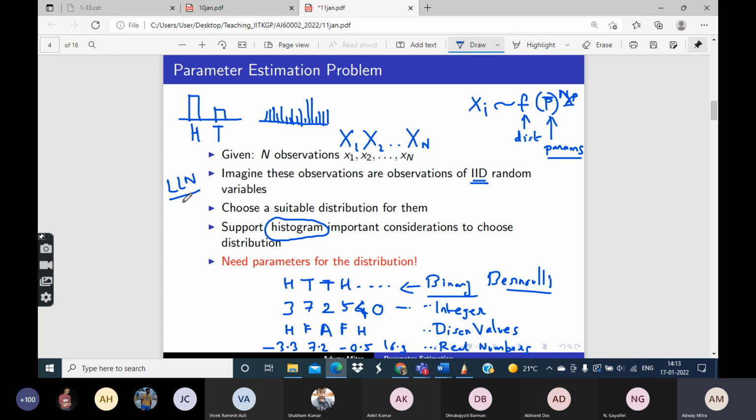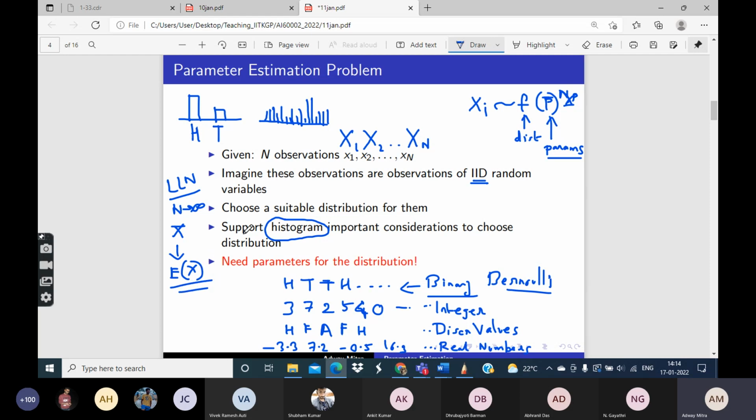The weak law of large numbers we discussed says that as the number of samples approaches infinity, as n tends to infinity, the sample mean, which is x bar if you want to call it, approaches the expected value of the random variable. This is the law of large numbers.